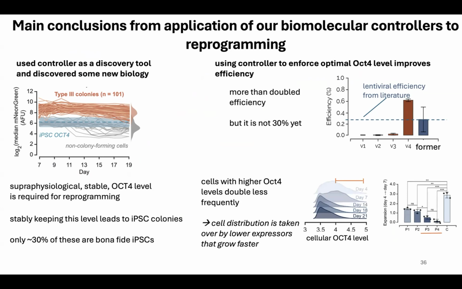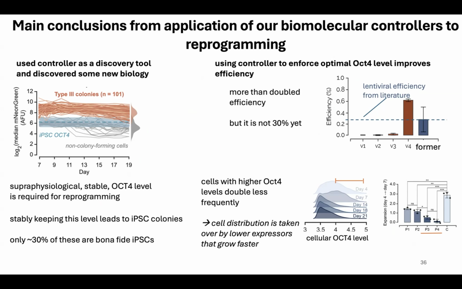So why is that happening? This is just some debugging that we did to see why we didn't reach 30%. The cells with higher OCT4 levels double less frequently. That means that the cell distribution over time is taken over by lower expressors that grow faster.